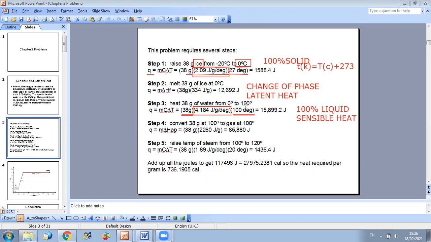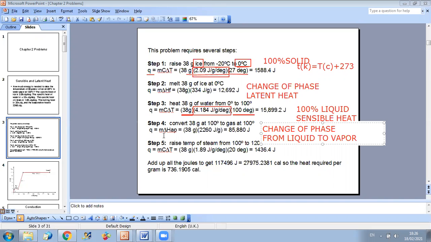Now, once we reach 100 degrees, which is the evaporation temperature, we should now have change of phase, because we will go from the liquid state to the vapor state. So here in step 4, we have a change of phase. And in this case, we go from liquid to vapor. And therefore, to calculate the amount of heat provided, this is latent heat type.